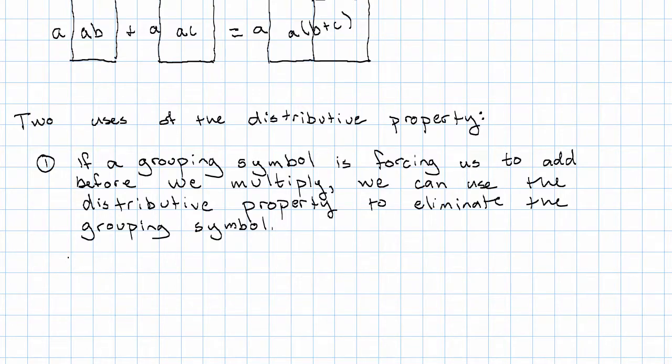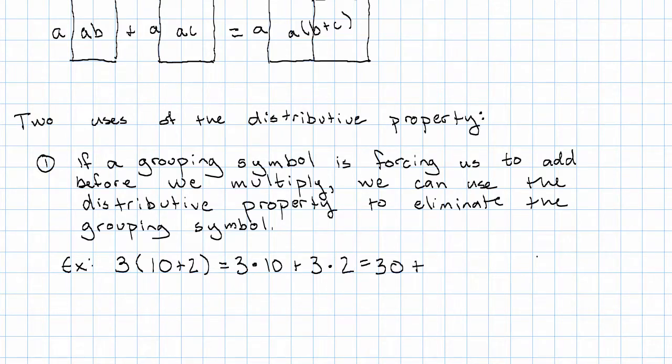So, for example, if we had 3 times (10 plus 2), we could use the distributive property to say, well, that's 3 times the first number plus 3 times the second number. So 3 times 10 is 30, 3 times 2 is 6, 30 plus 6 is 36.